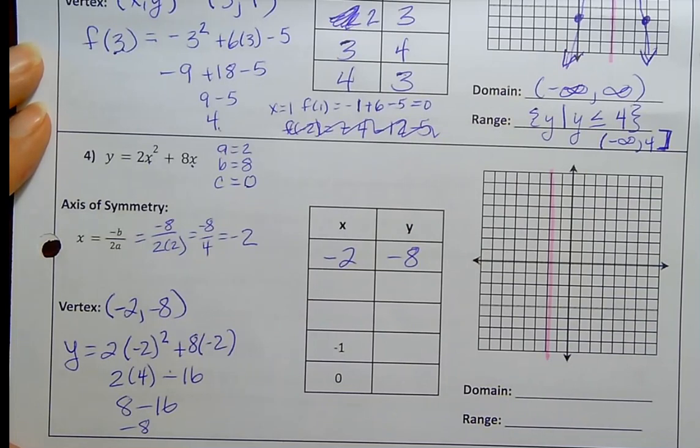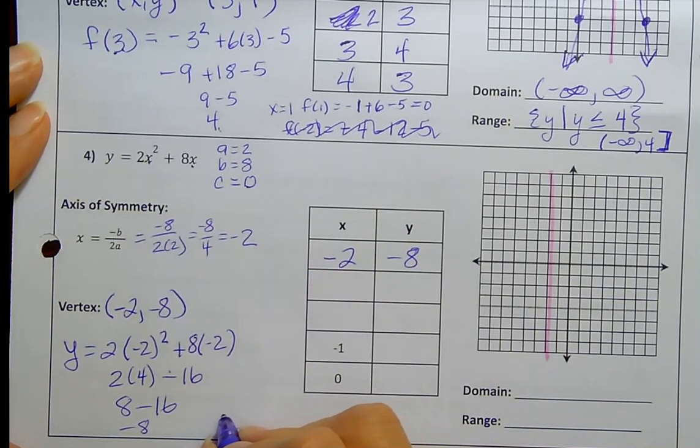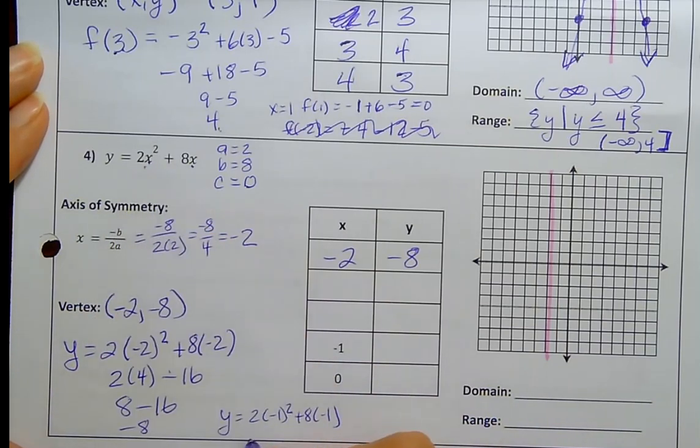Okay, so my x was negative 2 and my y was negative 8. And I might as well include that on my graph, right? If x is negative 1, y equals 2 times negative 1 squared plus 8 times negative 1, right? I'm just plugging in negative 1 any place I have an x. So y equals 2 minus 8, which is negative 6.